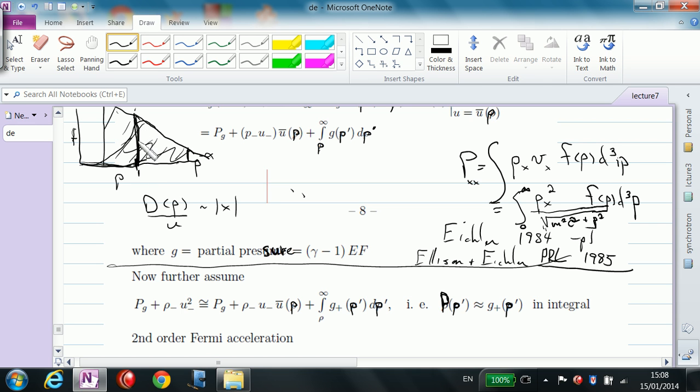I would include only the particles that were energetic enough to get that far upstream, but then I would use their value downstream. And it's a very good approximation. I mean, it's been checked against numerical calculations, and it's just fine.